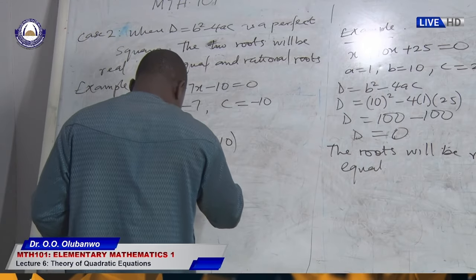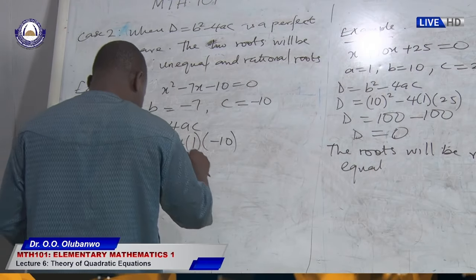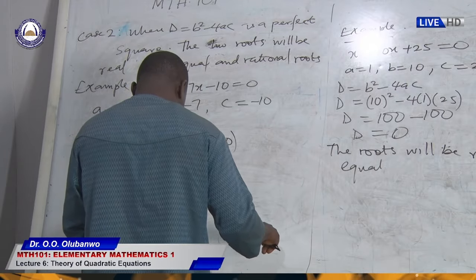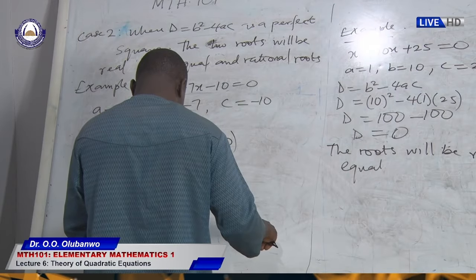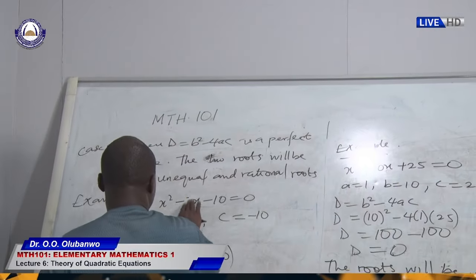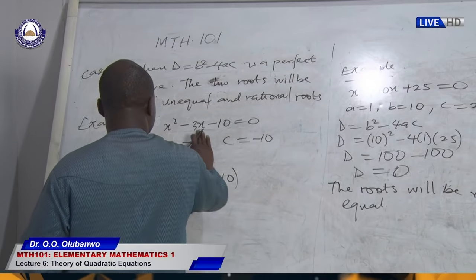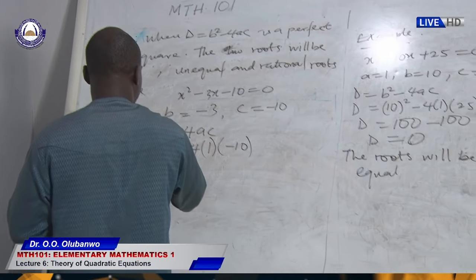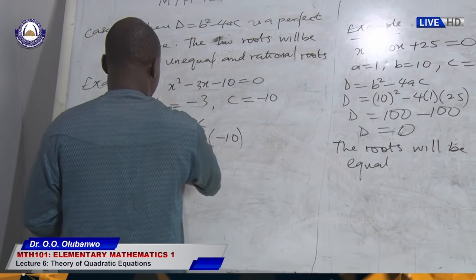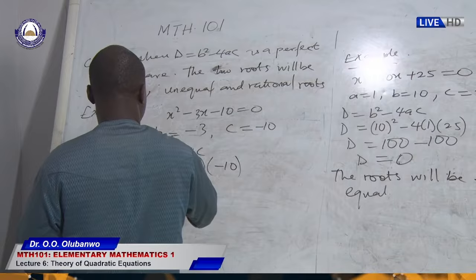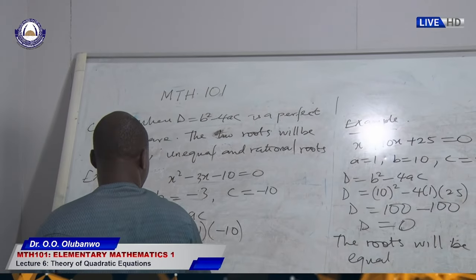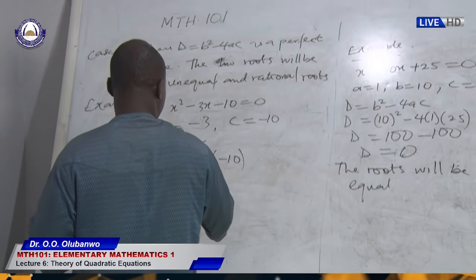I'm sorry, there's a mix up here. This is supposed to be 3. So we have -3 squared, that will be 9, minus.